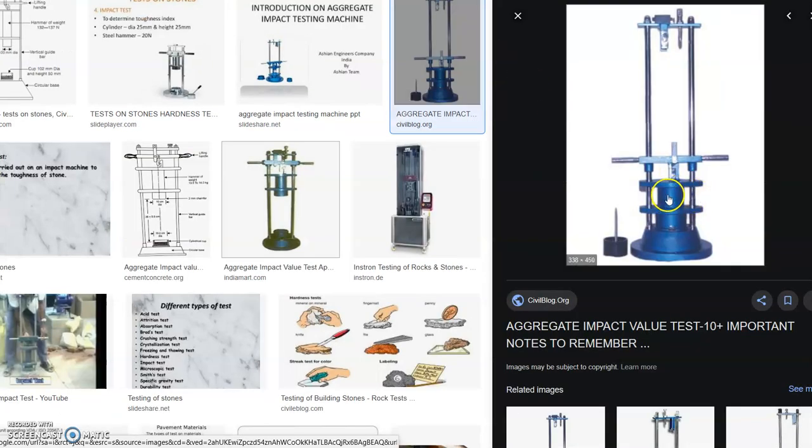So if you can lift this particular axis to the vertical direction, so that there will be a opening, hollow portion will be available in this cylinder, guys. So inside this cylinder we have to fill up that aggregate, the stone sample what we have to test it for impact test, and we have to lift it in the vertical direction and we have to drop it.